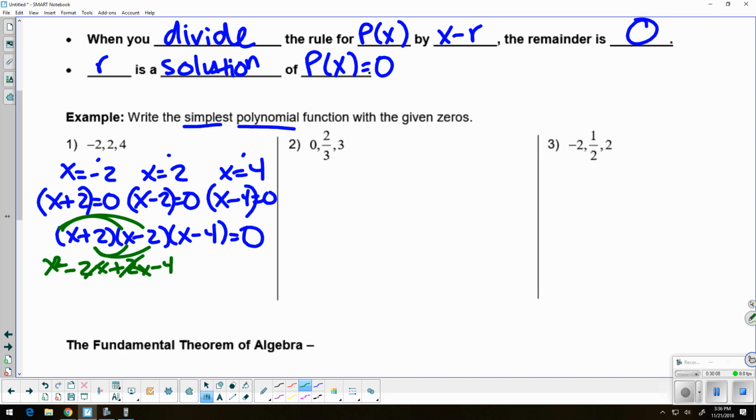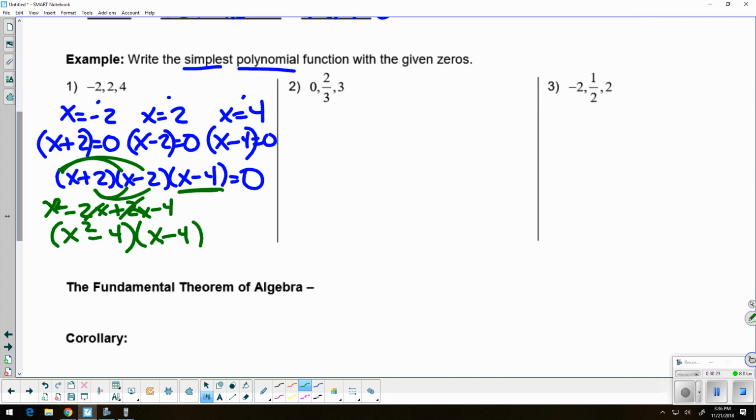The middle terms cancel, so I just have x squared minus 4. Now I multiply that answer by x minus 4. Foiling those two out, you would have x cubed minus 4x squared minus 4x plus 16. So here's the original polynomial that those roots came from.